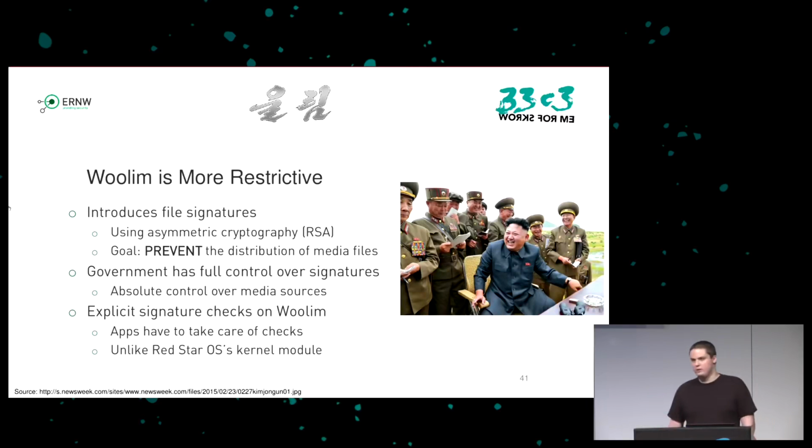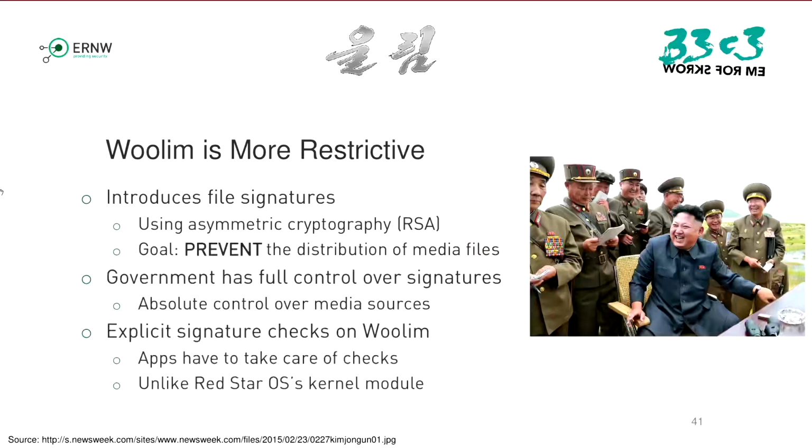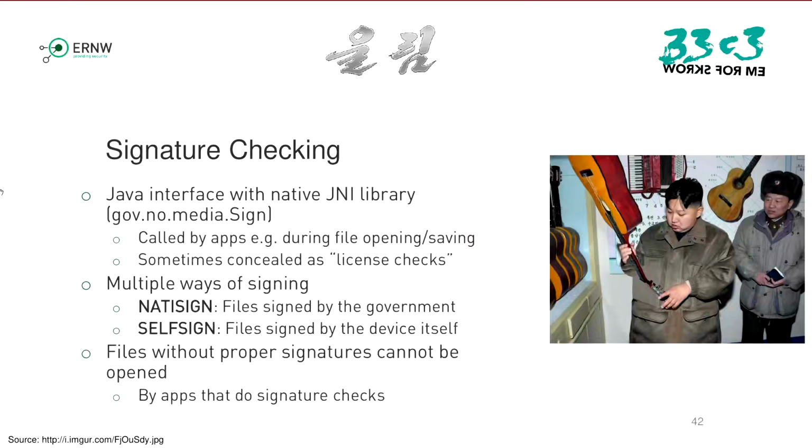The operating system just provides a library, but each and every application is responsible for the signature checks. These are done with a native library in Java, so each and every application can use this native library from within the Java source code. The package is actually called government no media, which is quite interesting.